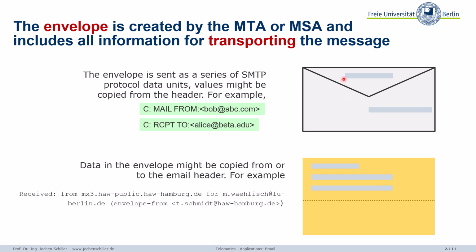Sender, maybe, you should have it, but that's not the important part. So the receiver, that's the important part here. And the envelope is also sent as a series of SMTP protocol data units, and you copy this from inside from the header. So you check, okay, someone writes, I want to write an email to alice@beta.edu, and then the first MTA takes this out, writes it on the envelope.